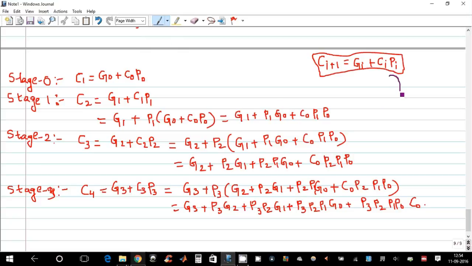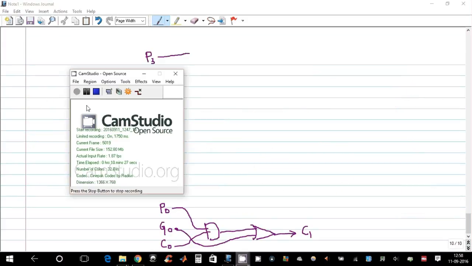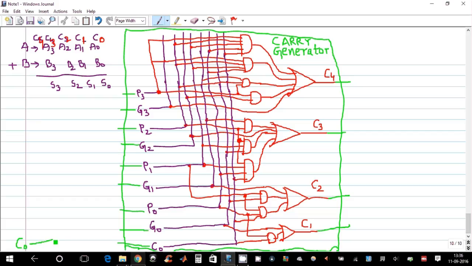So now basically we are looking at the addition of the two inputs A and B. In order to complete the entire circuit for this addition, we'll do the same. We'll complete the circuit here. In terms of Boolean, C0 is our input, which will be directly given to this carry generator circuit.